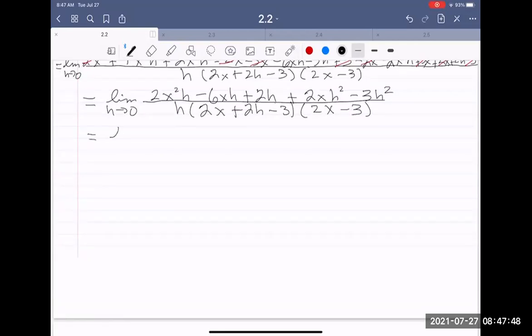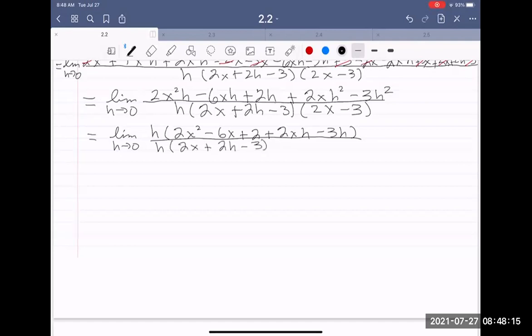This is equal to the limit as h approaches 0 of h times 2x squared minus 6x plus 2 plus 2xh minus 3h, over h times 2x plus 2h minus 3, 2x minus 3. Okay, I can cancel the h's.